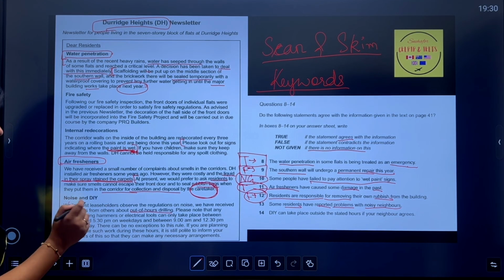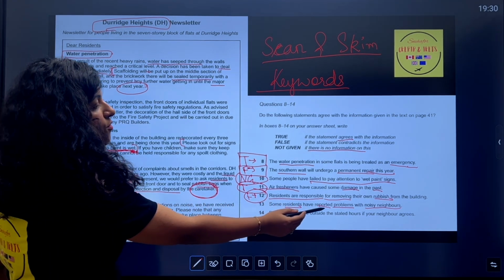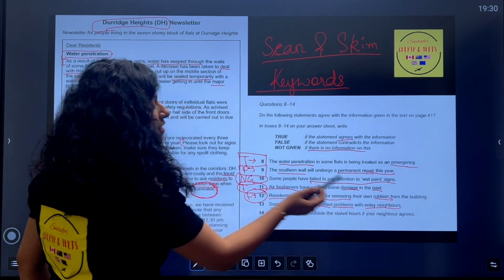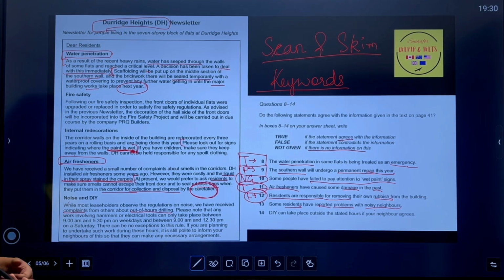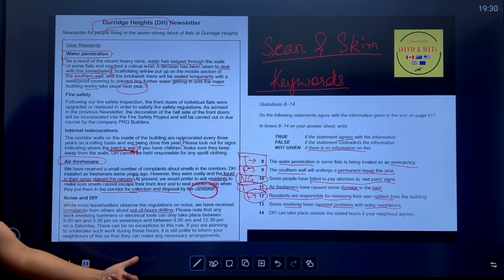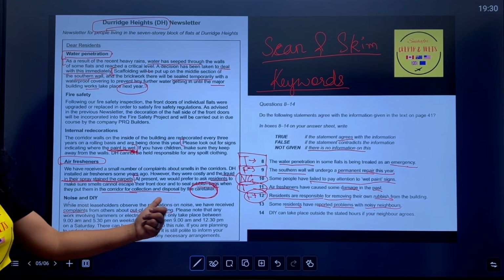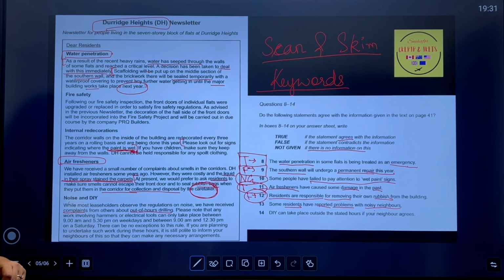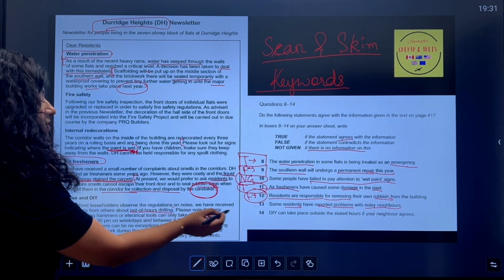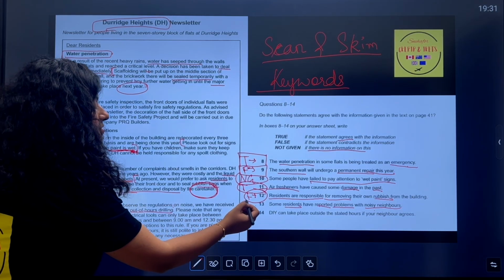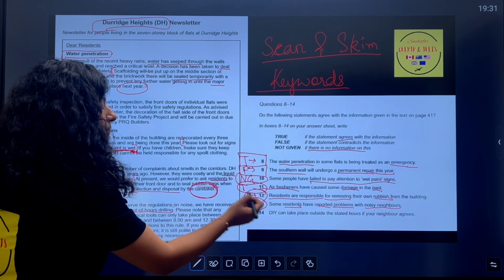Out-of-hours drilling. Received complaints. Residents reported problems, noisy neighbors. And again, it's paraphrasing. Some of the residents have lodged complaints about noise that is caused by out-of-hours drilling by some of the residents. So this information and this information say one and the same thing. So this is again true.